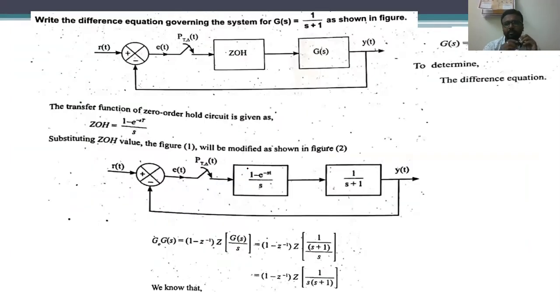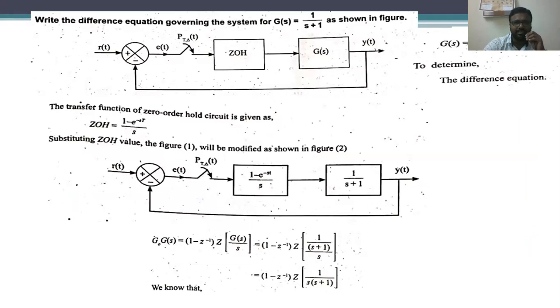So this is the problem we have. Write the difference equation governing the system for g of s is equal to 1 divided by s plus 1. In the previous problem, no zero order hold circuit was mentioned. He has just mentioned a g of s value, and h of s value is not mentioned. Therefore, it is taken as unity.